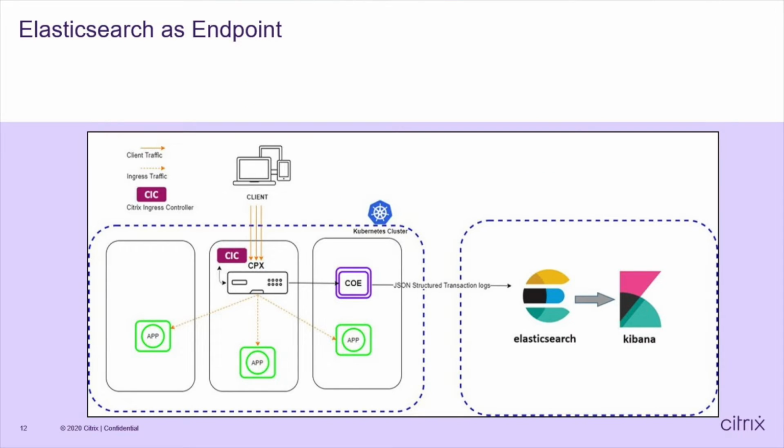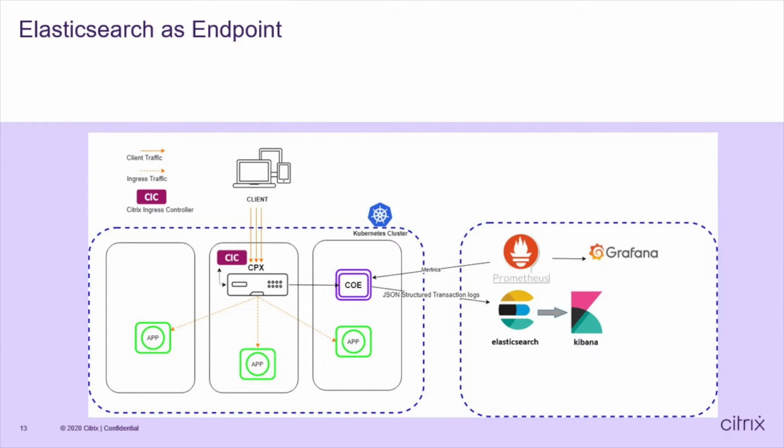Now that we have seen how the transaction logs of various application parameters are exported from Citrix Observability Exporter to Elasticsearch and how we visualized the same on the Kibana dashboard, we will add Prometheus into this mix and try to get the metric information pulled from Citrix Observability Exporter.